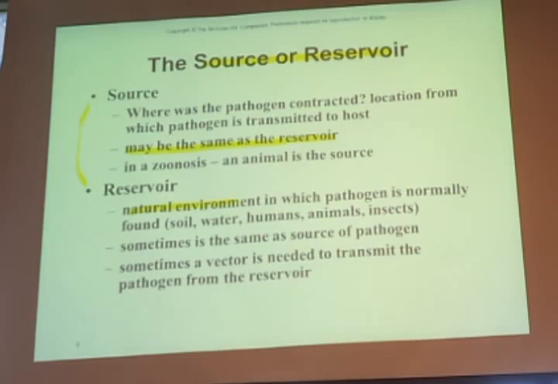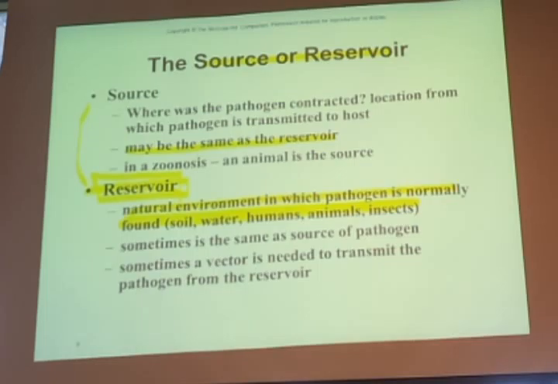I think it's easiest to just look at the reservoir, which takes care of everything, and just realize that sometimes that's where the source is going to be, unless it happens to be something else, and then it's given to the reservoir.